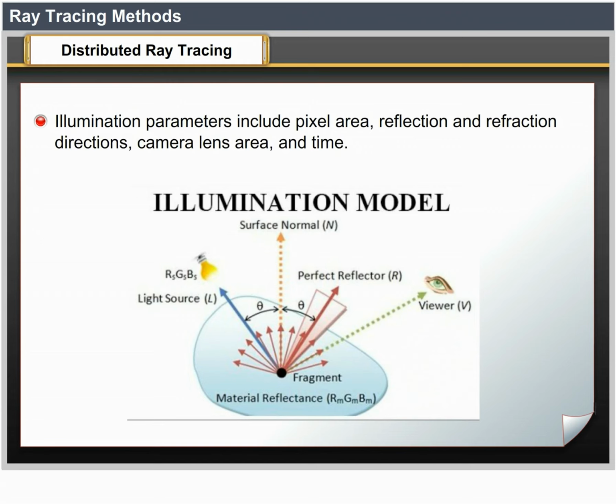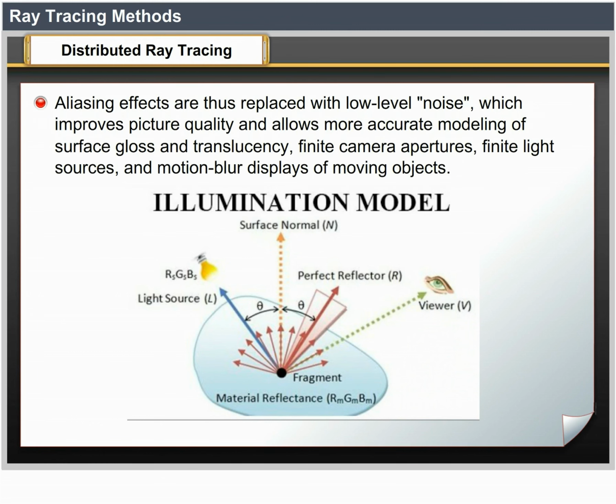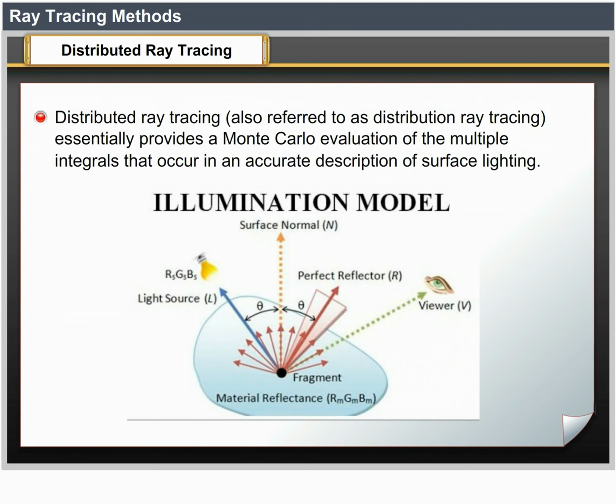Aliasing effects are thus replaced with low-level noise, which improves picture quality and allows more accurate modeling of surface gloss and translucency, finite camera apertures, finite light sources, and motion blur displays of moving objects. Distributed ray tracing, also referred to as distribution ray tracing, essentially provides a Monte Carlo evaluation of the multiple integrals that occur in an accurate description of surface lighting.